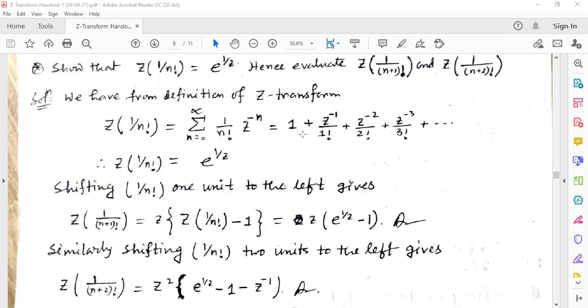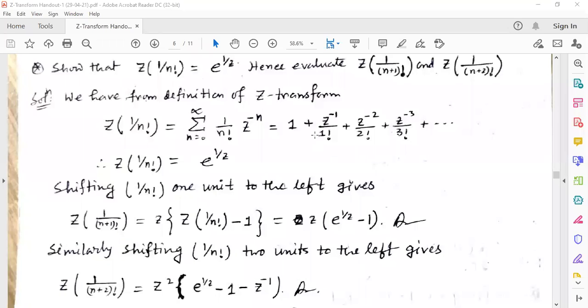We know that e to the power x means 1 plus x by factorial 1 plus x square by factorial 2 plus x cube by factorial 3 plus dot dot. This is the value of e to the power x. If we take z to the power minus 1 as x, then this is the value of e to the power z to the power minus 1, that means e to the power 1 by z.